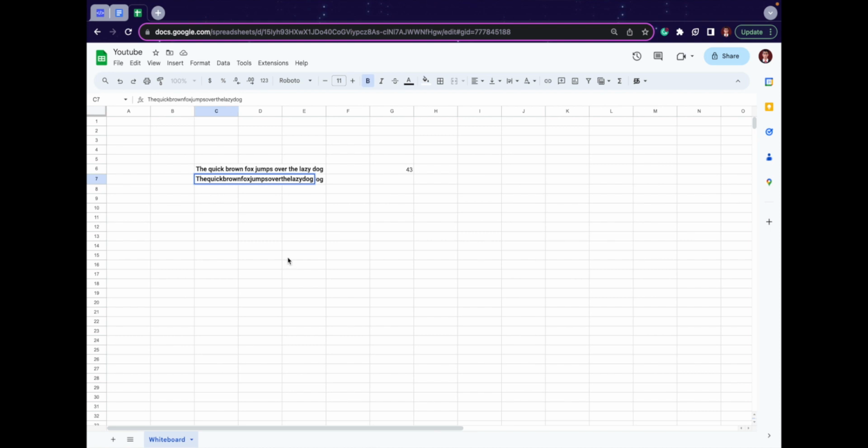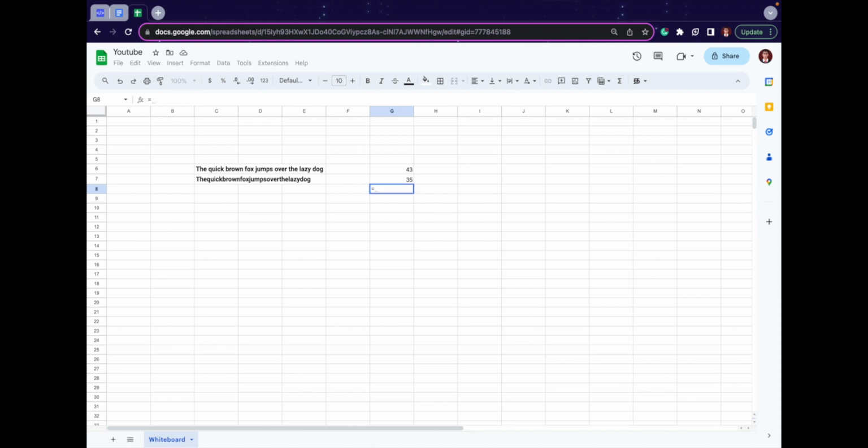Alright, we removed all the spaces. Now, check for the length of the string. So it's 35. All the spaces that we removed is the decrease caused in the length of the string.